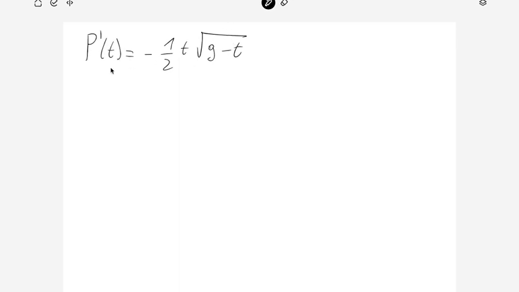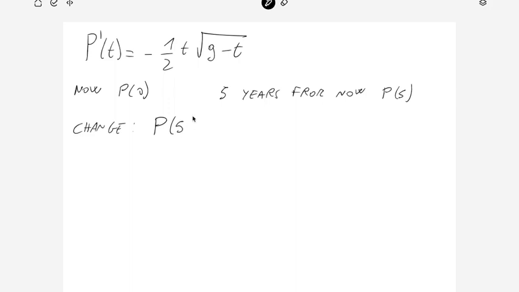So the change, now the population is p of 0. 5 years from now it is p of 5, the population. So the change is p of 5 minus p of 0.